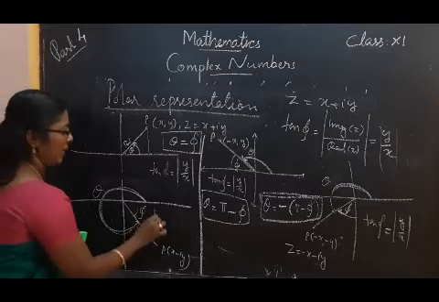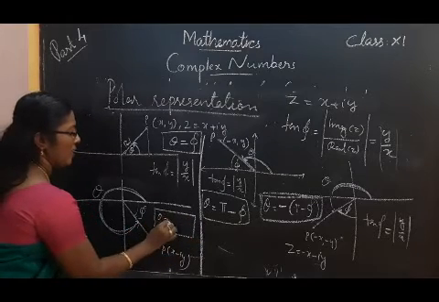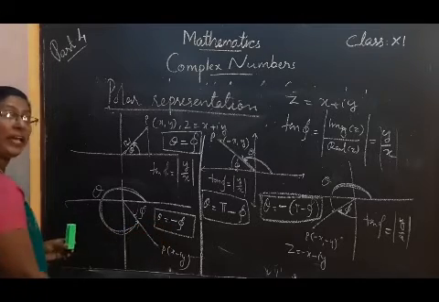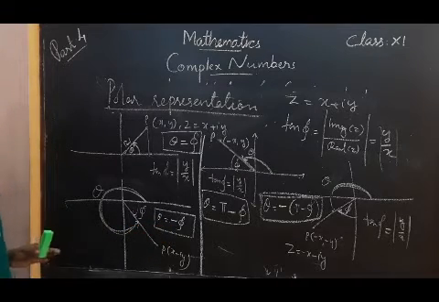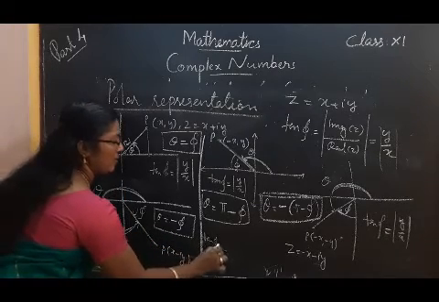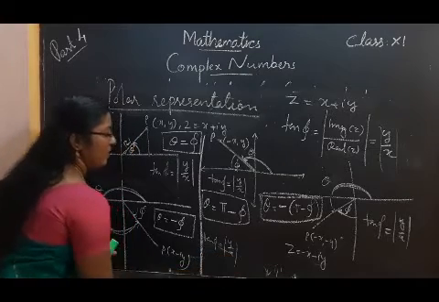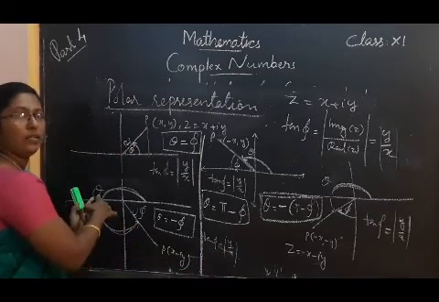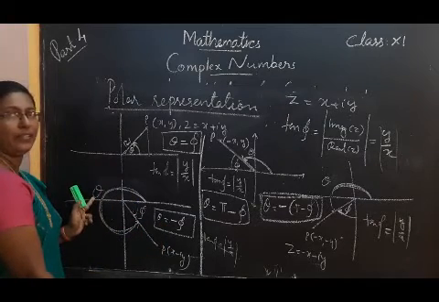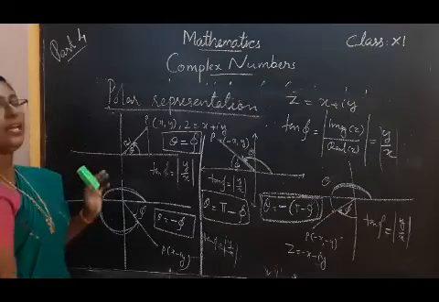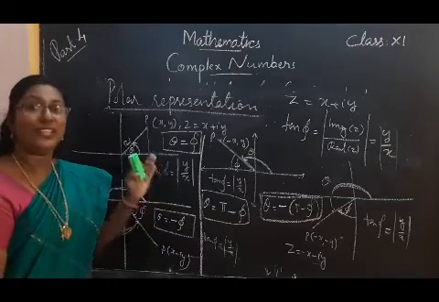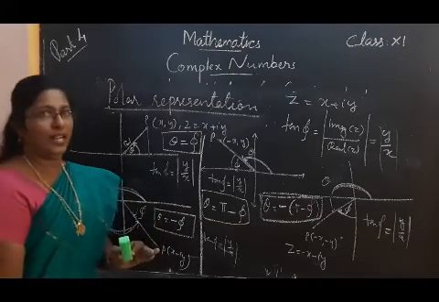Here we can take theta as minus phi, a negative angle. To find theta, first find tan phi as y by x. Then theta equals minus of phi. Clear?